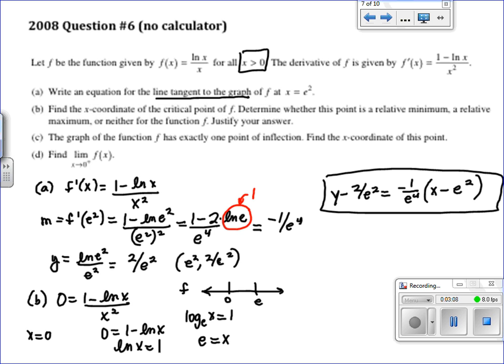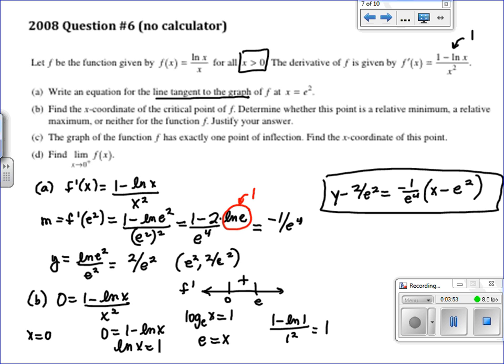So we're testing f prime. When I test a number less than e, which is about 2.7, let's try 1. Check it in your f prime, not in the original. If I plug in 1, I get 1 minus natural log of 1 all over 1 squared. That's 1 minus 0, so 1 over 1 is 1. So it's positive.